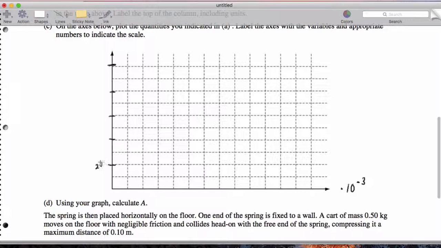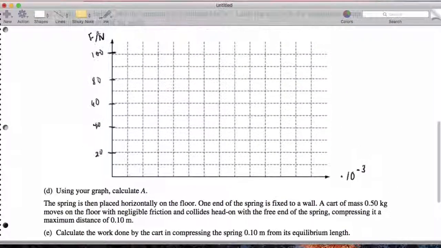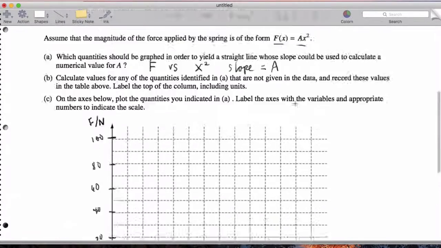Great. And again, that's the force in newtons. And here we're plotting the position squared times 10 to the negative 3 in meters squared.